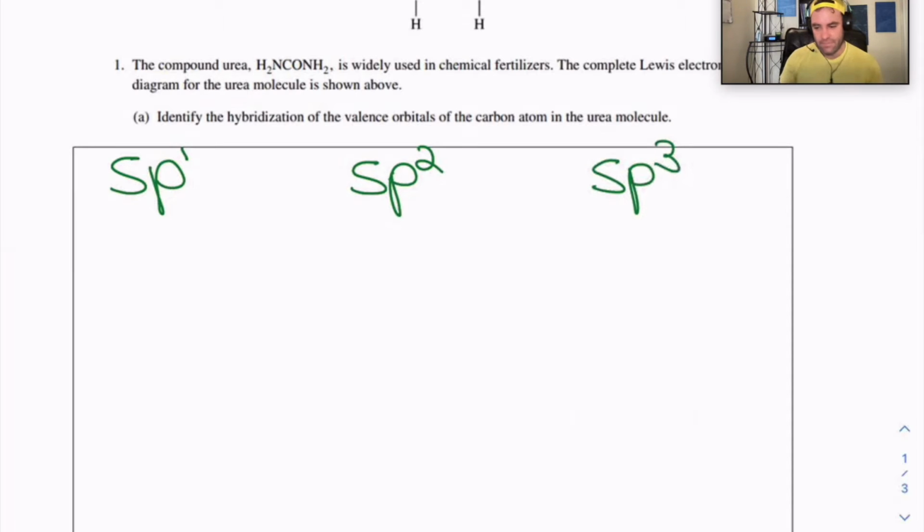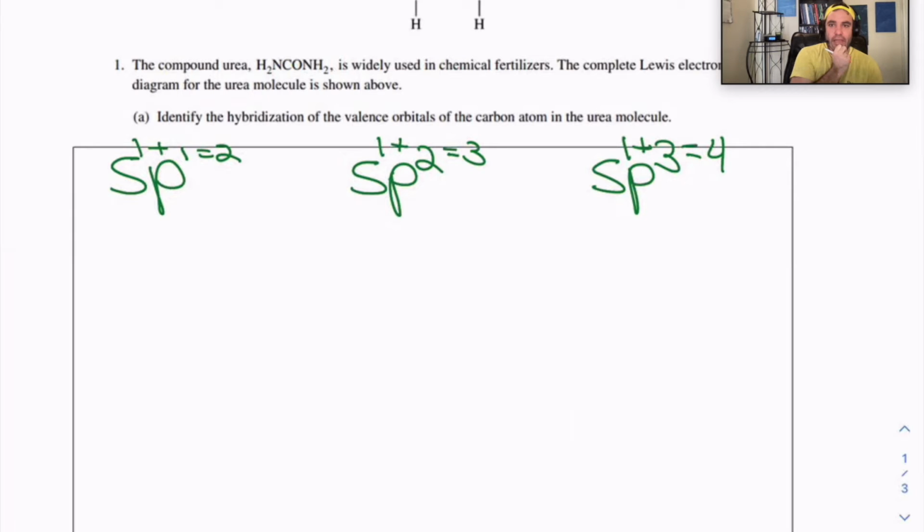Now, what my students like to do is put a little 1 on that, and they add up the S's. So 1 plus 1 is 2, 1 plus 2 is 3, 1 plus 3 is 4. And whatever that adds up to is the hybridization of that atom when it comes to total bonds on it.